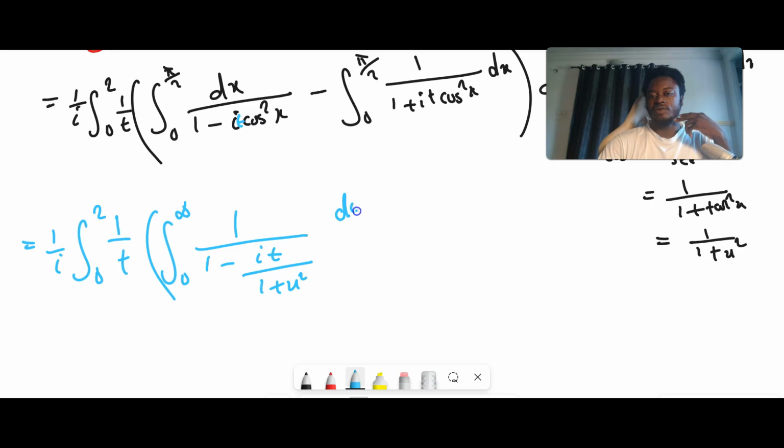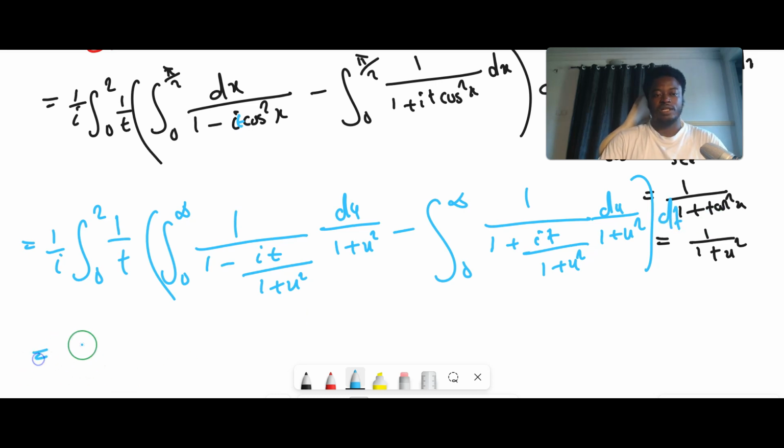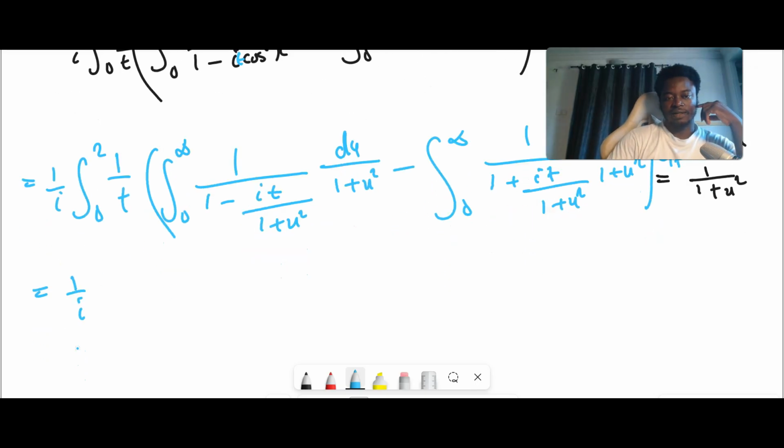Then you have du all divided by 1 plus u squared. Same thing happens here, the integral from 0 to infinity of 1 over 1 plus it over 1 plus u squared, and then du over 1 plus u squared, and then dt.